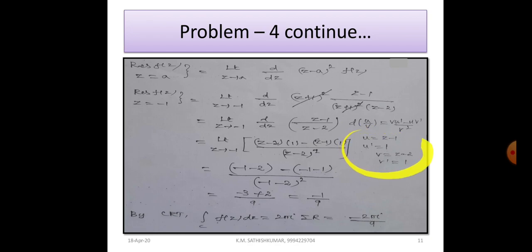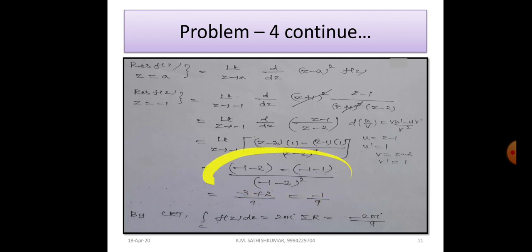So u dash equals 1, since differentiation of z minus 1 is 1, as the 1 is a constant with derivative 0. Likewise v dash equals 1. Substitute in a proper manner and we will get the correct solution. Write down v u dash minus u v dash by v squared properly, then substitute z tends to minus 1.